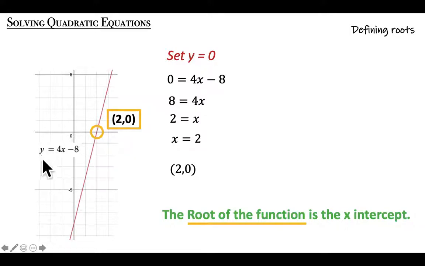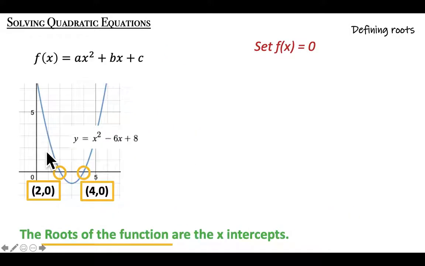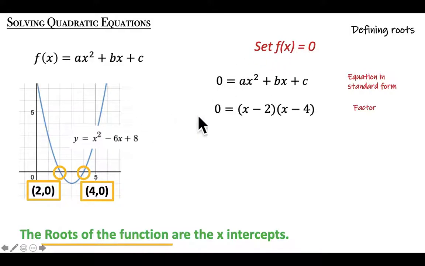We could have called this f of x equal to 0 as well. Before we begin, though, we want to make sure that we have the equation in standard form, which means the ax squared plus bx plus c form. And we do. So we drop 0 in for f of x, and when we do that, then we can factor the equation. We're going to come back to what happened between here and here.